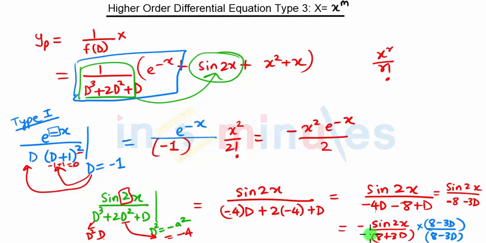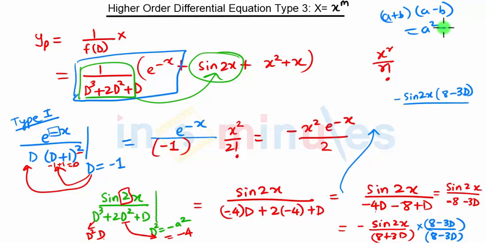So we will get this term as minus sine 2x into 8 minus 3d, and the denominator is a plus b into a minus b, which is a square minus b square. So it will be 8 square minus 3d the whole square. After this, I have told you whenever d is in the numerator, first we take the derivative of the x term and then we apply the rule.